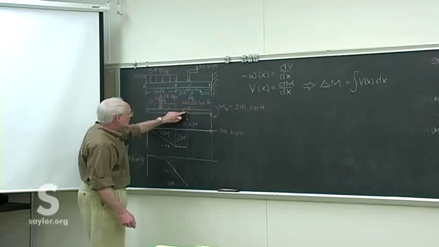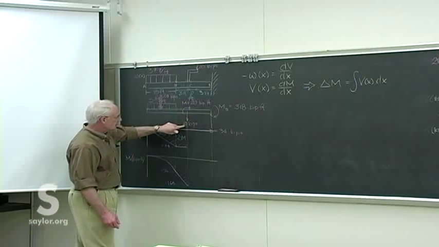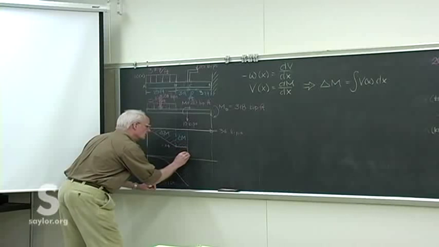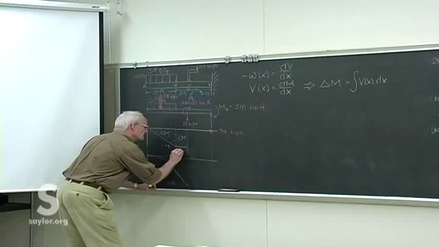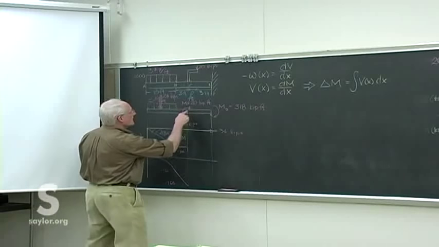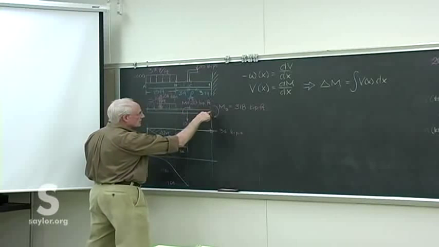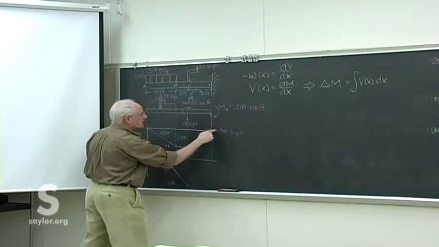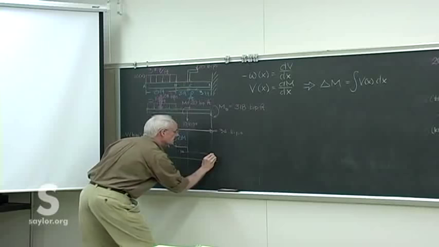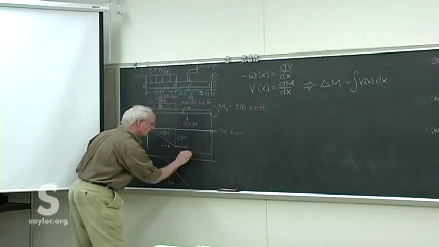Now we know that we have a 10 kip load down, so we simply draw that on the shear curve. Takes us down to about a minus 34. And we know there's nothing left over till we hit the wall, where we come up 34 to the wall and finish the problem. And so everything matches.